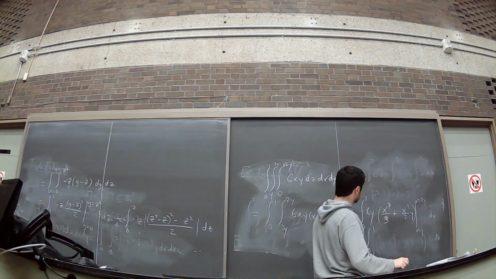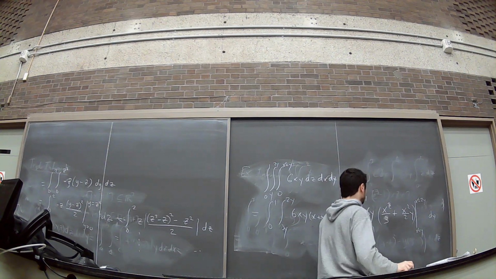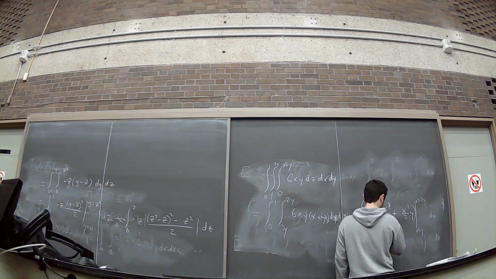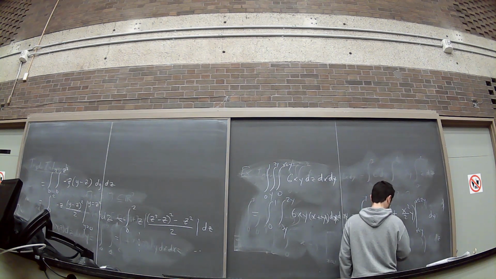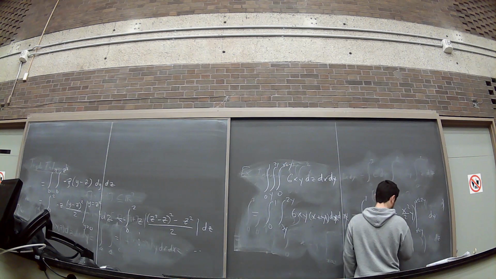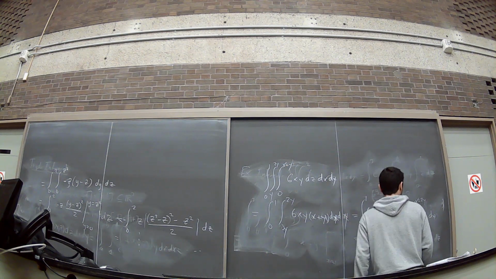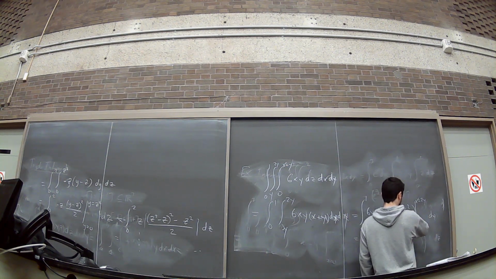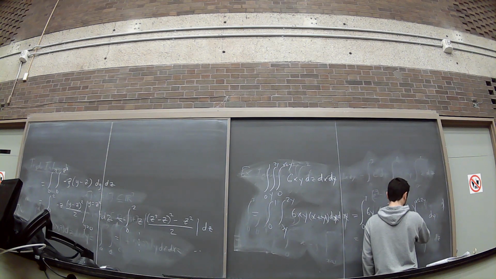0 to 1. So you get 2y cubed, which is 8y cubed over 3 plus 4y squared times 2.